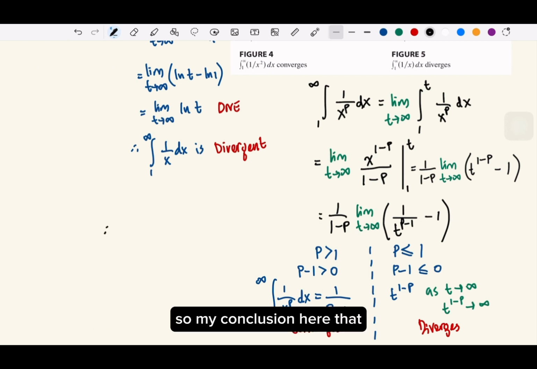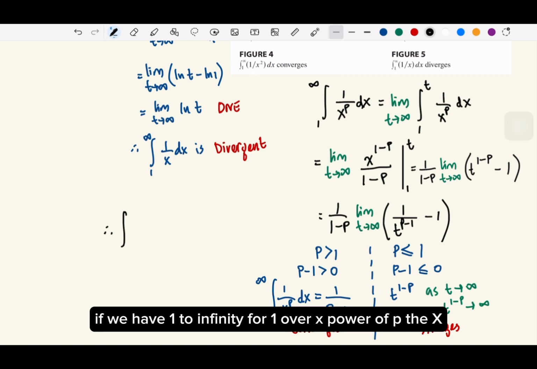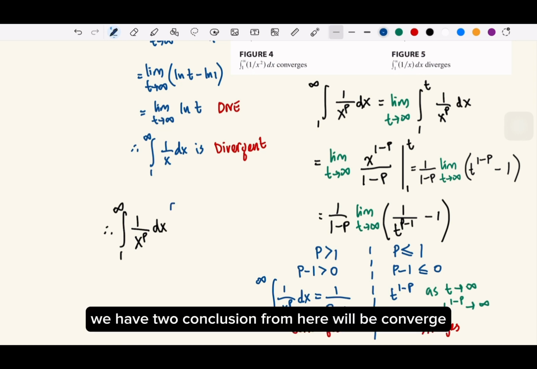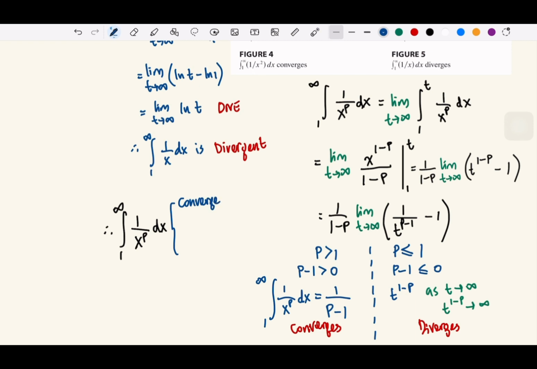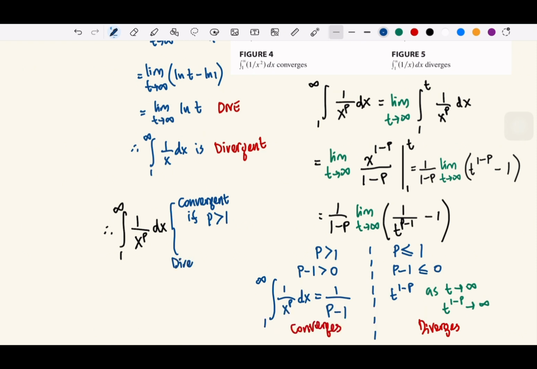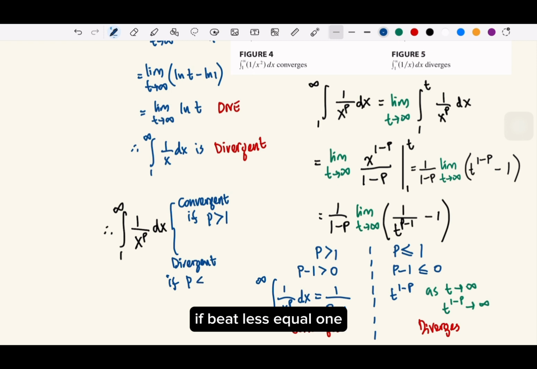So my conclusion here is that if we have the integral from 1 to infinity of 1 over x to the power of p dx, we have two conclusions. It will be convergent if p is greater than 1. This will be divergent if p is less than or equal to 1.